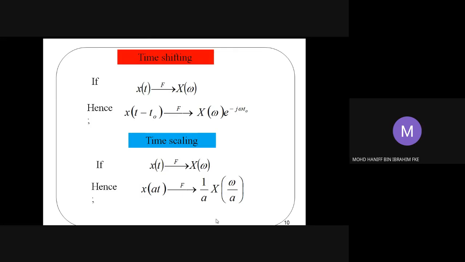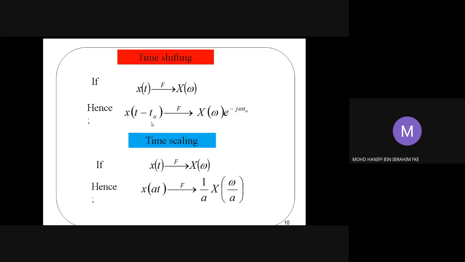Let's say we have x(t) in time domain, and its respective Fourier transform is X(omega). If this x(t) has a time shift of t naught, its respective Fourier transform will be simply X(omega) times exponential of negative j omega t naught.